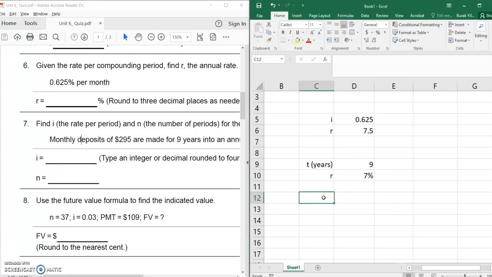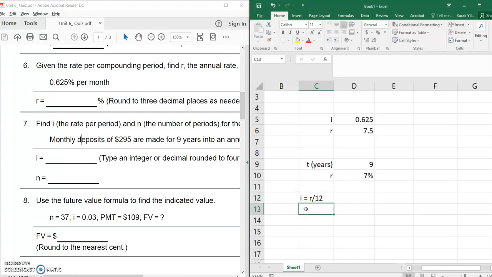So remember, I is actually R divided by the number of compounding periods per year. This is compounded monthly, so we're going to divide it by 12.